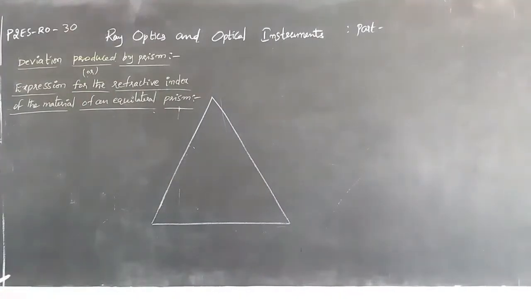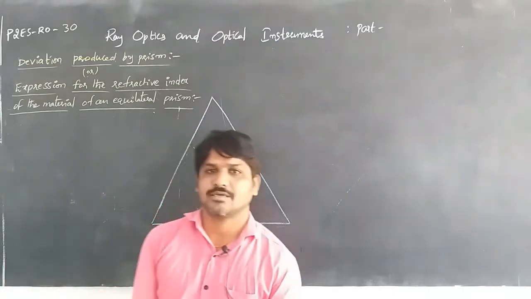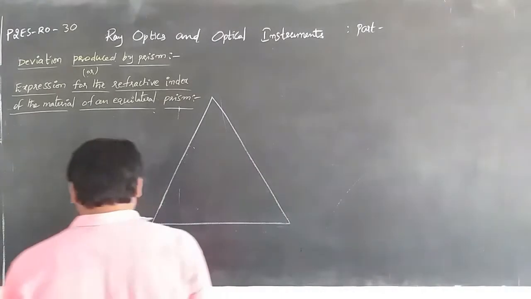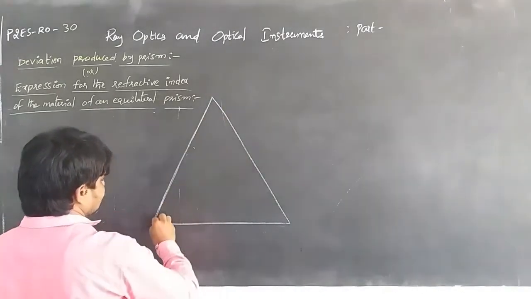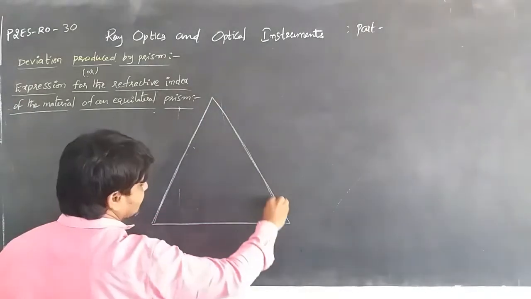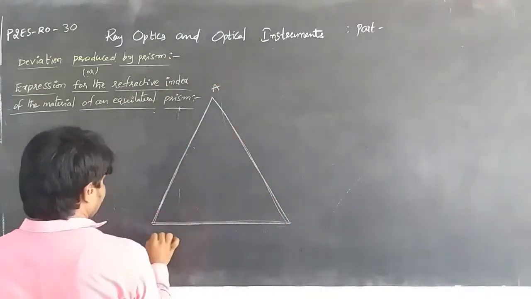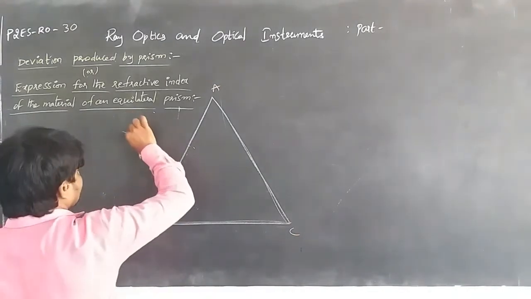So, for the deviation produced by a prism, we take a prism with two inclined surfaces. This is one surface, this is another surface, and this is the base. We have taken the prism ABC.